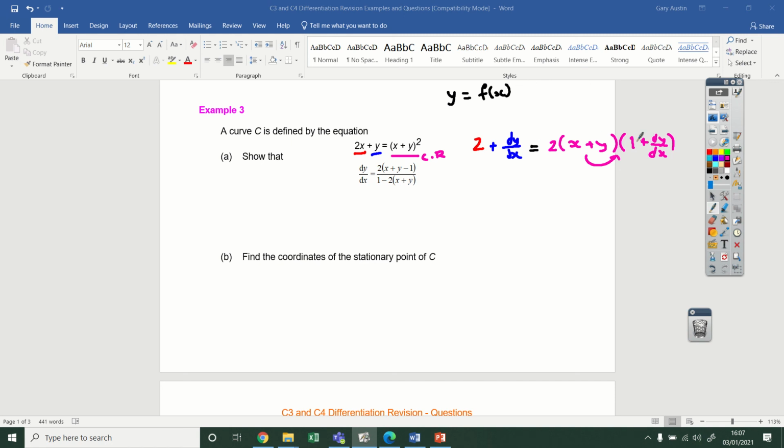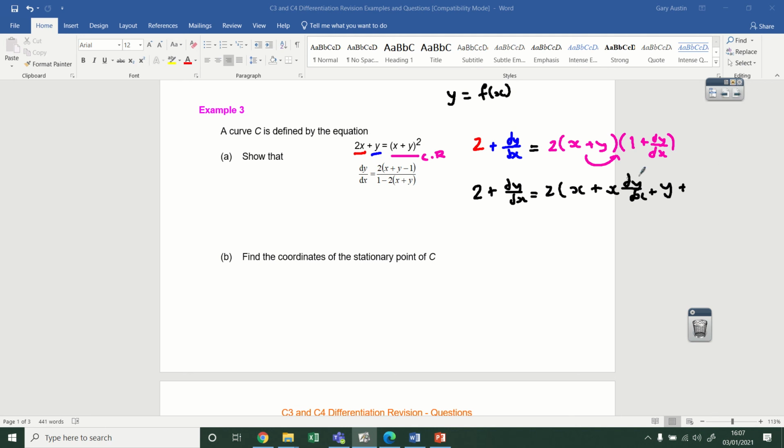So I think to proceed, we're going to expand the brackets on the right hand side. I'm going to change to black as well. So 2 plus dy by dx equals 2 times, okay, expand the brackets, x plus x times dy by dx is the outer bits. The inner bits makes y, and then the final bits makes y dy by dx.